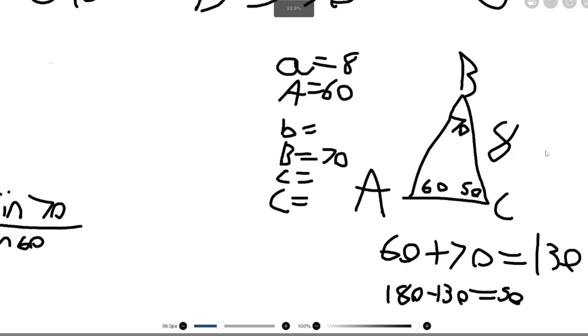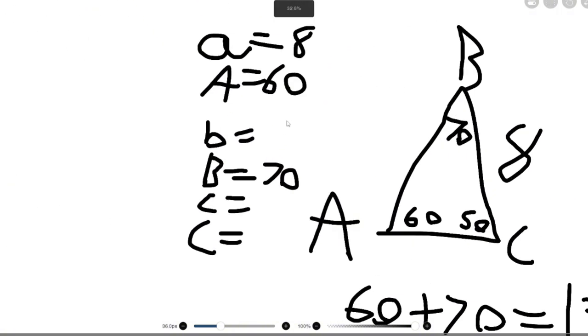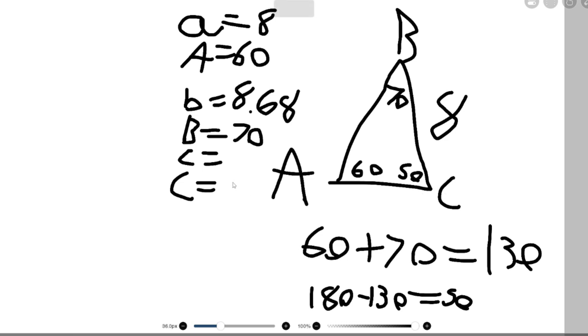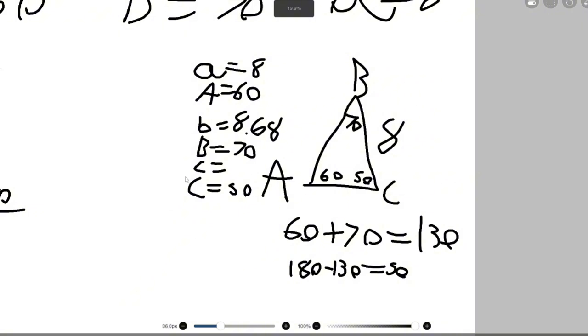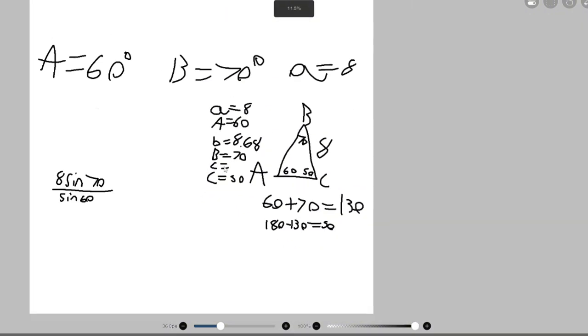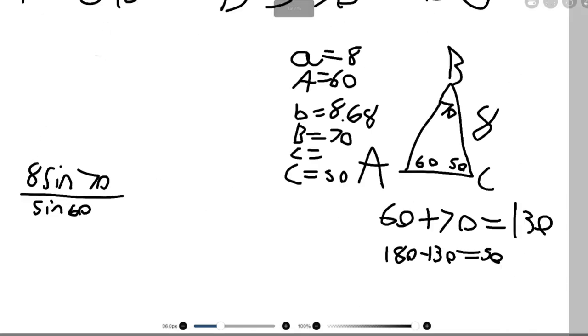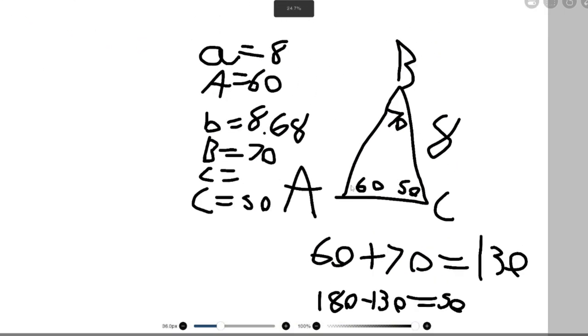Okay, so now we have our answer, 8.68. And now we need to figure out C. Oh yeah, I forgot to put in the degrees here. So it'd be 50. And then our little c, we can figure that out by doing the same thing. So we can erase this. Now what you want to do is use the first one you get, since it's going to be the most accurate instead of your second one.